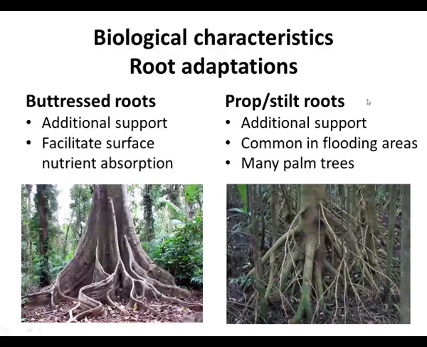Another adaptation is prop or stilt roots, and typically you find these in trees, mainly in palm trees in flooding areas, and this will add additional support to the plant.